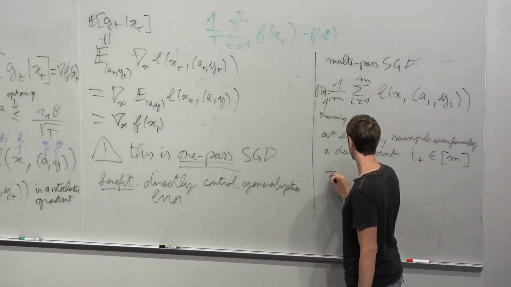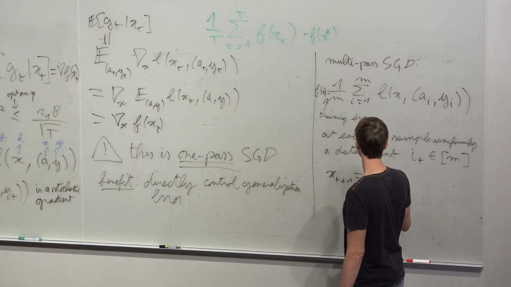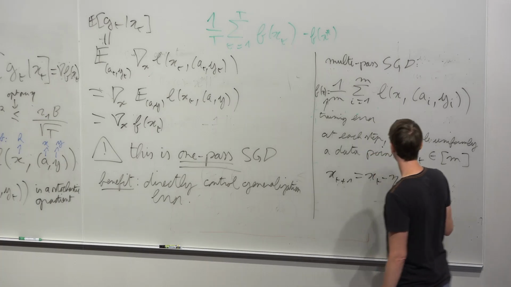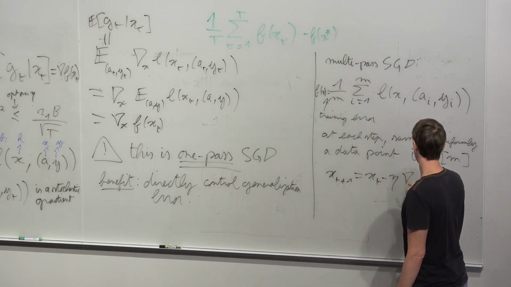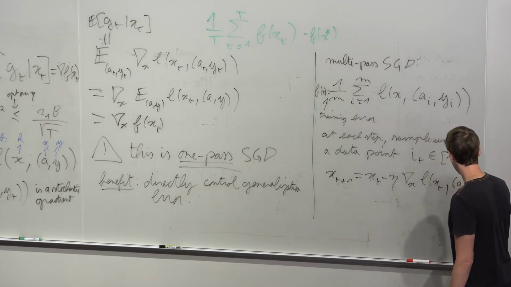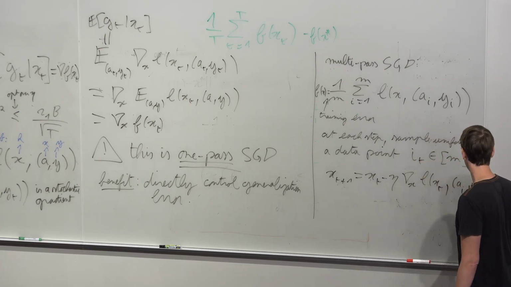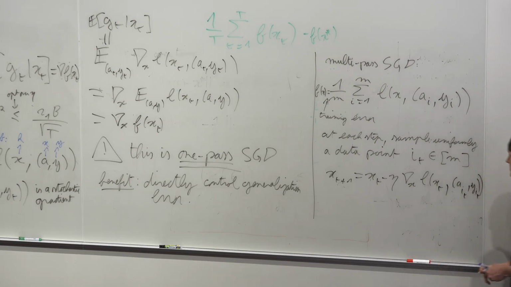Now you do xt plus 1 is equal to xt minus eta, gradient with respect to x of L of xt, ait, yit. You can do that for capital T steps, and capital T might be much bigger than m. So you might do multiple pass.